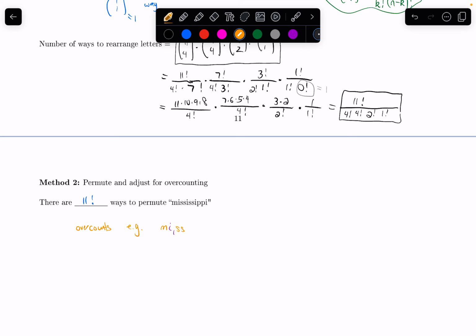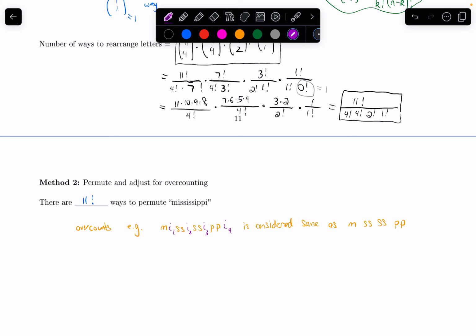I'll call the first I, I1, and then I've got S, S, and then another S, S, and then a P and then a P. I'll call the next I, I2, and the next one I3, and the next one I4. We want to consider this the same as if I had M and then SS, another SS, then a PP.